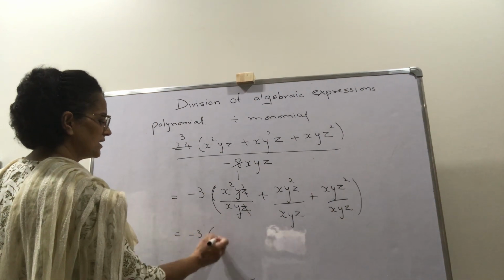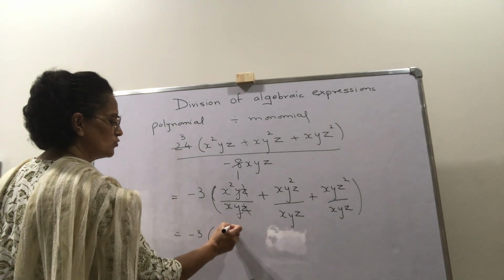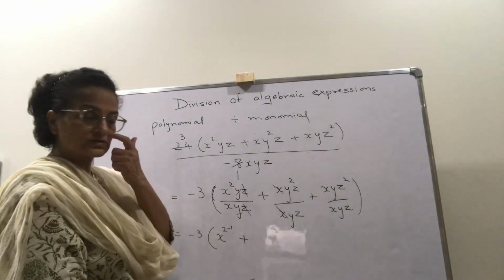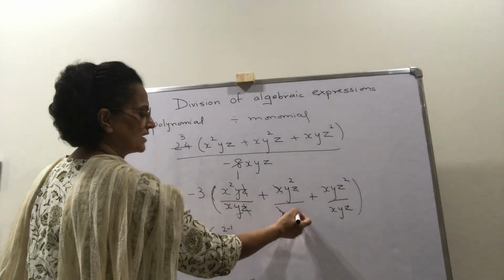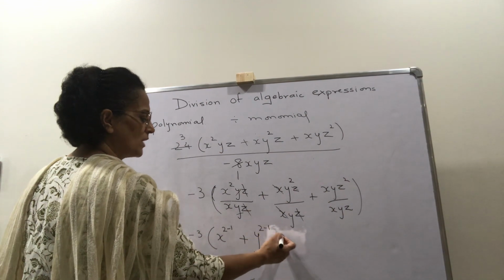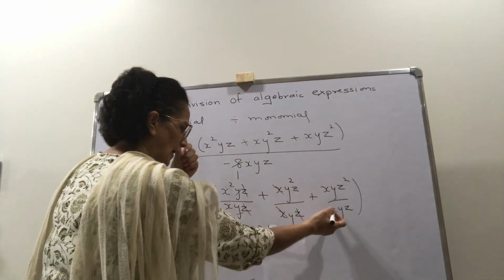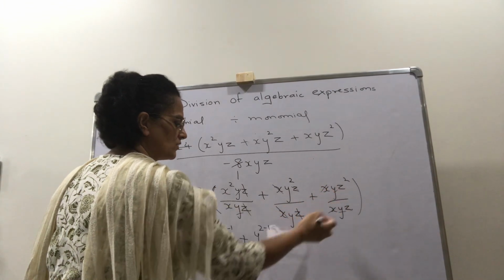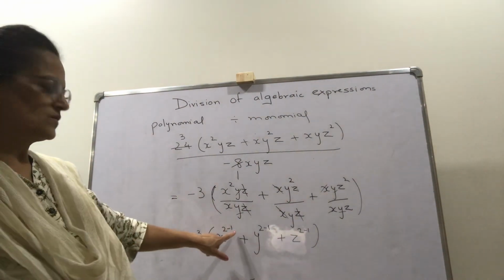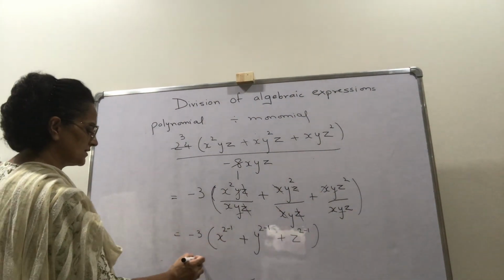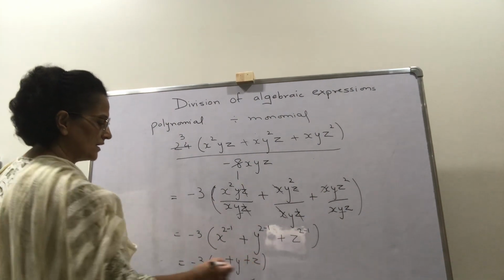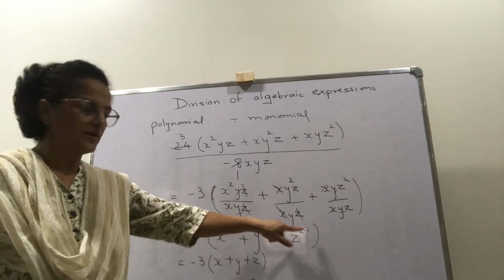So minus 3 times x to the power 2 minus 1 plus, here now x and x can be crossed out, z and z can be crossed out, and I am left with y to the power 2 minus 1. Here x and x, y and y crossed out, so this is 2 minus 1. 2 minus 1 is 1, so my final answer will be minus 3x plus y plus z.